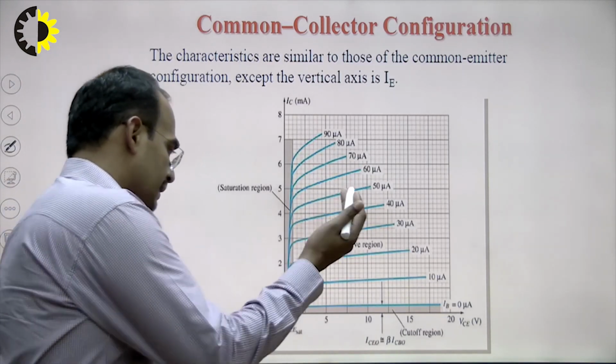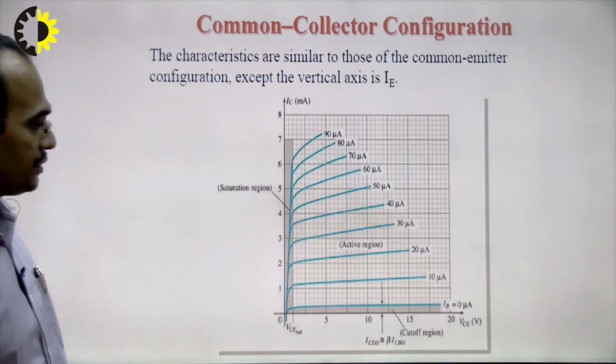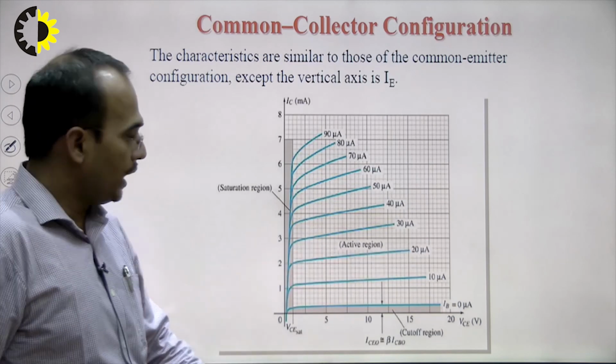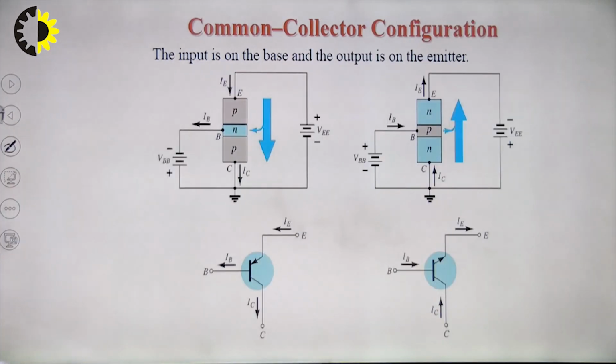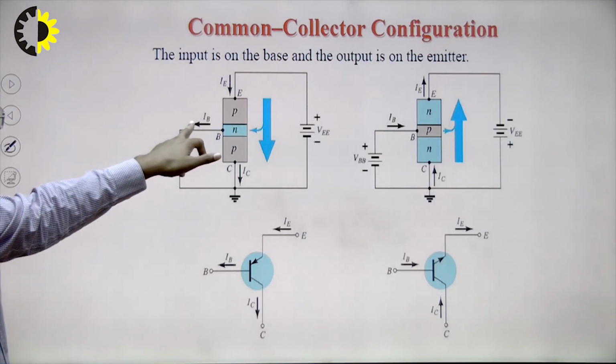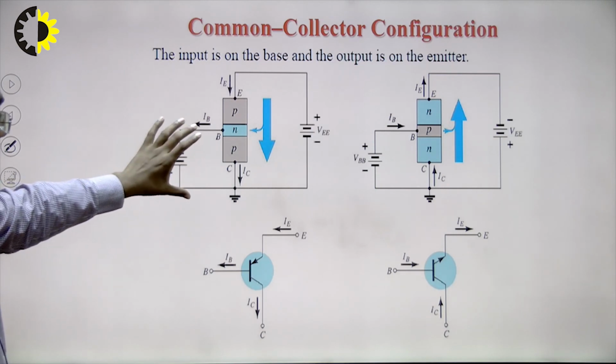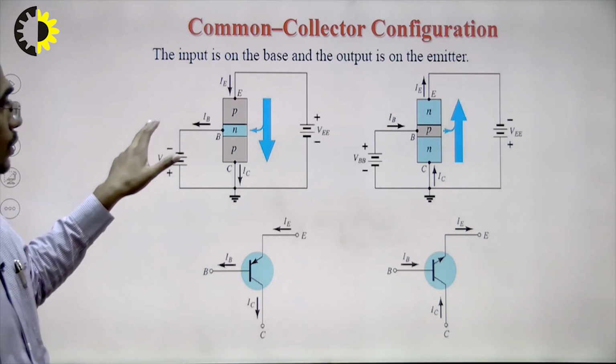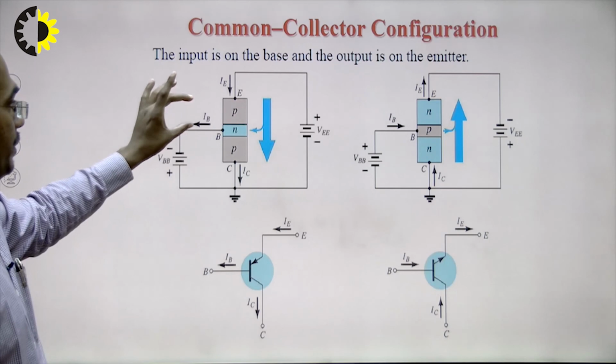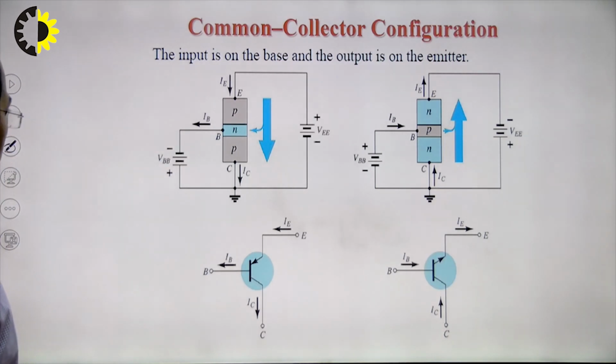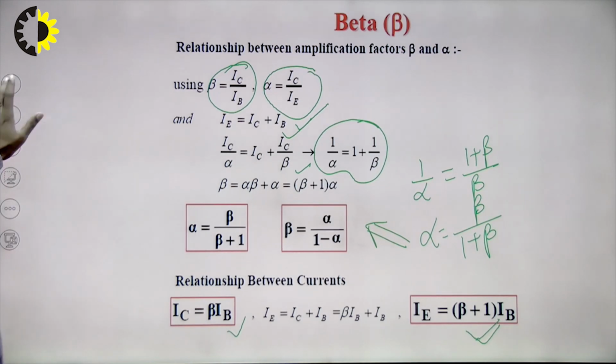So, I will consider all those situations. If IB is equal to 0 or below, IB less than 0 means you are making this collector base junction reverse bias, so the transistor will operate in cutoff region.